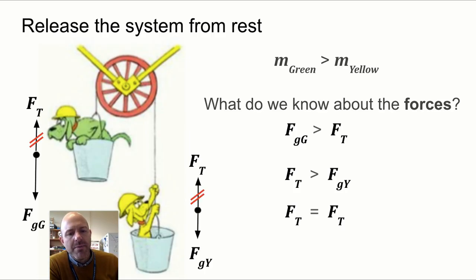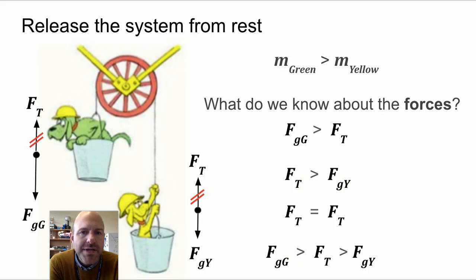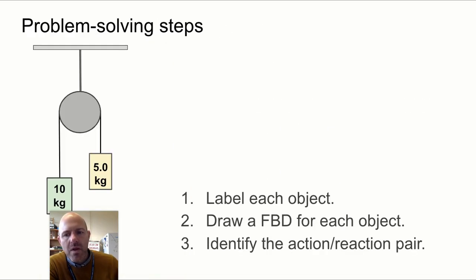We also know that the force of tension is the same on both. That's what we said from Newton's third law. That is a third law pair. So we can put all that together and say that the force of gravity, or the weight, of the green dog is bigger than the force of tension, and the force of tension is greater than the force of gravity on the yellow dog.